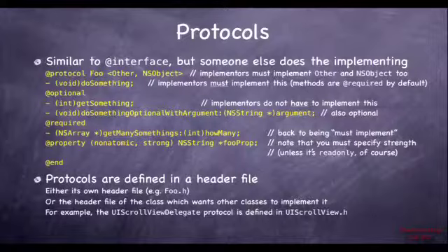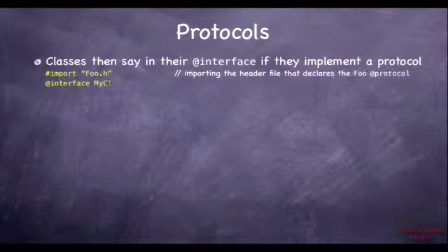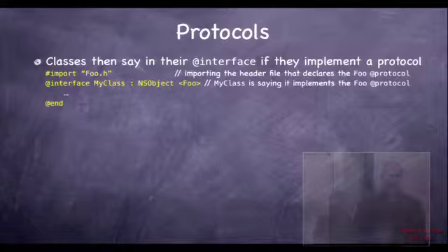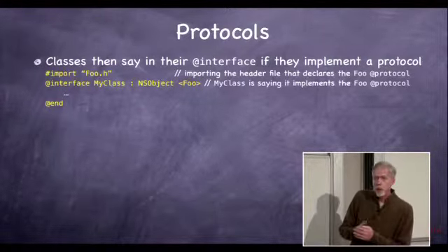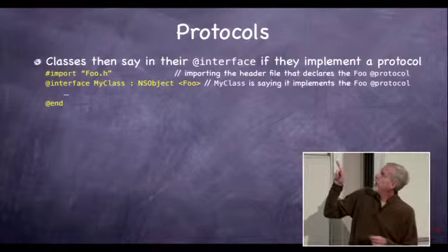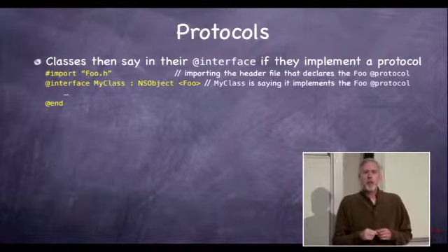Okay, so you can put a protocol in another class's header file at the top or at the bottom, wherever, and you can also put it in its own. It totally doesn't matter. So you've got a protocol declared somewhere. Classes then say that they implement a protocol by using the angle bracket notation on the end of their @interface.